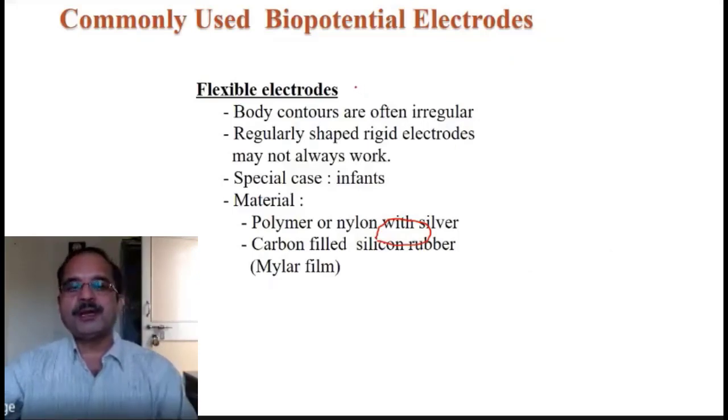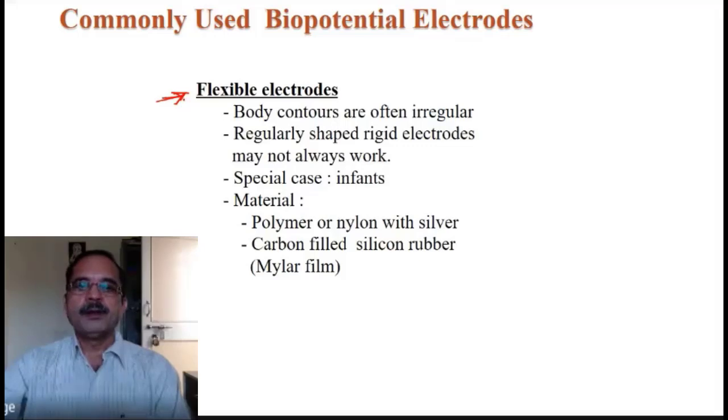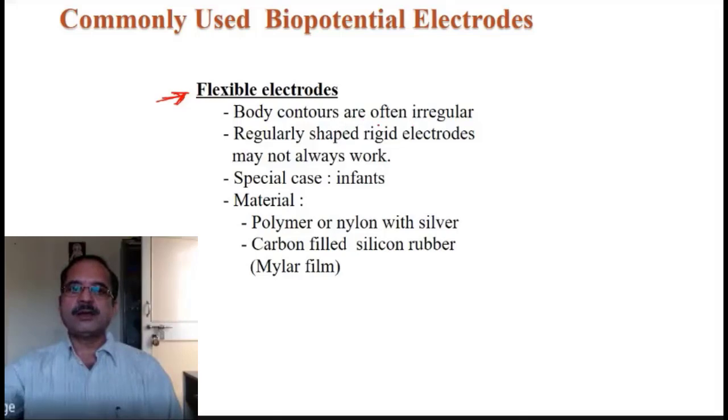Then the third type of surface electrodes are flexible electrodes. These flexible electrodes are more comfortable when placed on body parts, because the body contours are not regular.